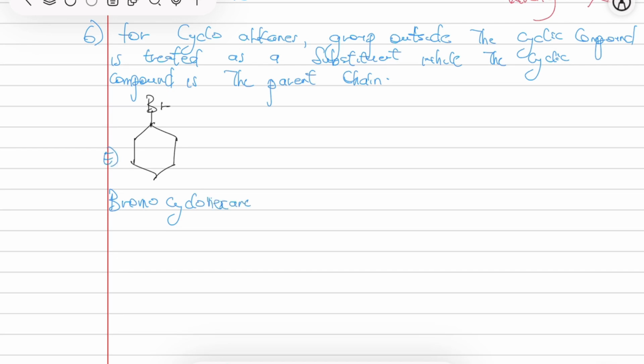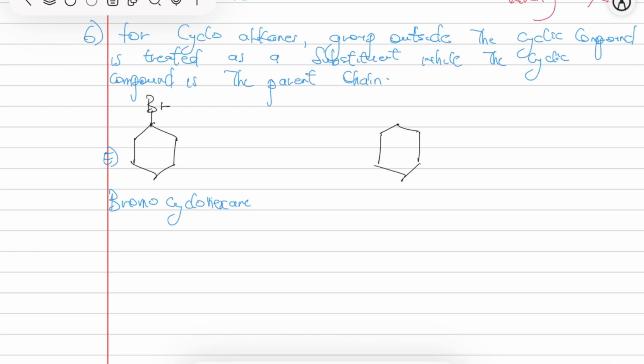It is bromocyclohexane and not 1-bromocyclohexane because regardless of the position you put the bromine in the cyclic compound, it is still one. So the correct name of this compound is bromocyclohexane. The bromo is the substituent, while the parent compound is the cyclohexane.